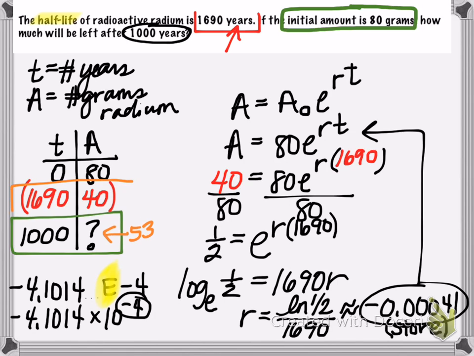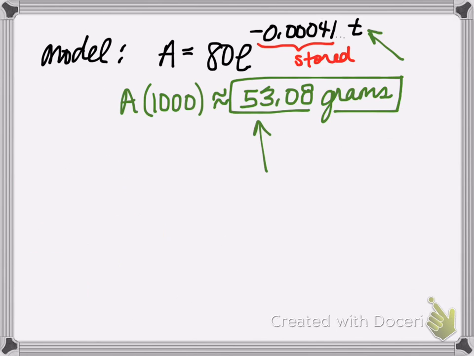Well, the half-life of 1,690 years, that was how long it took for the substance to decay down to 40 grams. So hopefully it does make sense to you then. In 1,000 years, you haven't decayed all the way down to half of the original amount. So this value of 53 makes sense because it's a value that's larger than 40, since we haven't made it all the way to 1,690 years. So in other words, yes, this answer does seem feasible, and we're done.